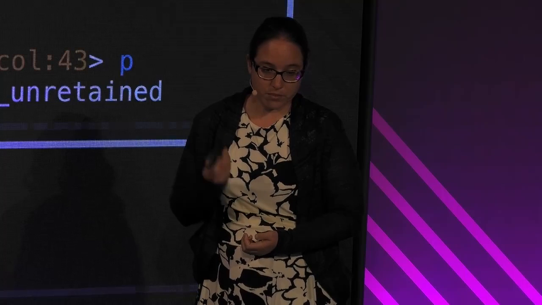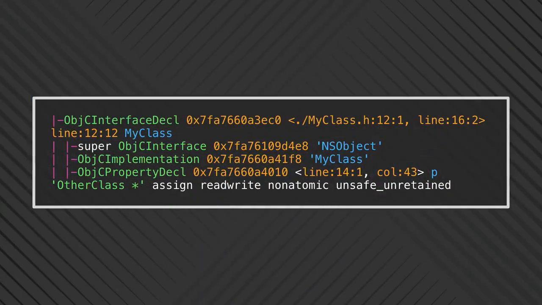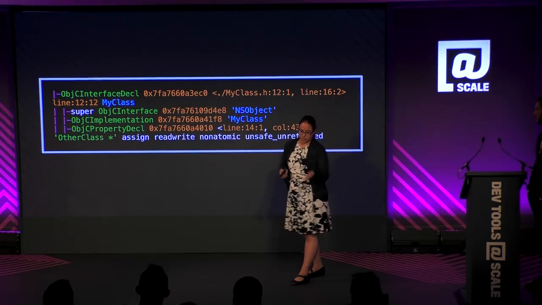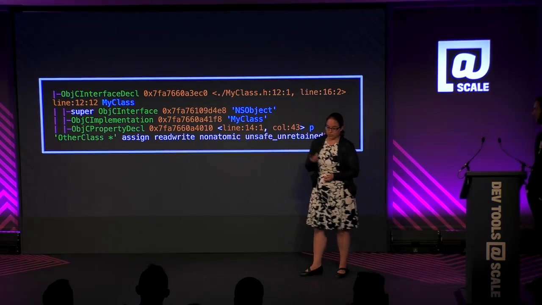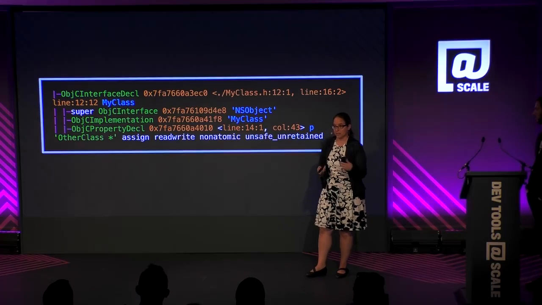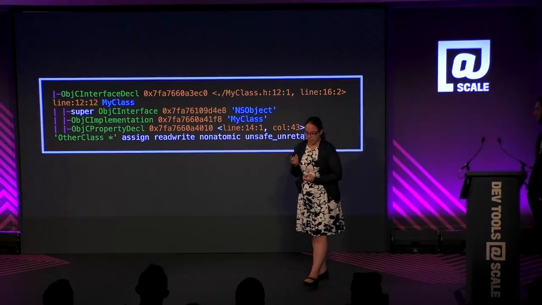So then we get ourselves familiar with the AST of the program. So this is how it would look for this program. We have the nodes for the different parts, the interfaces, and the property. And in the property declaration, we can see the type and the attributes. And so we can basically traverse this AST and flag this.